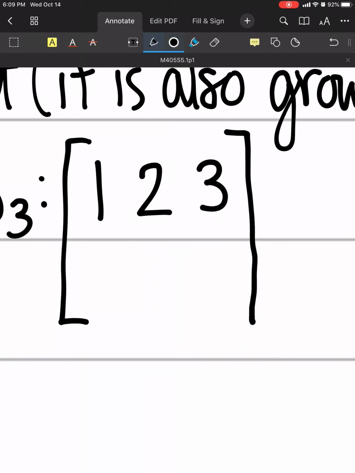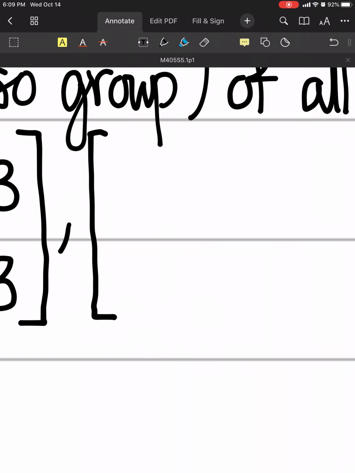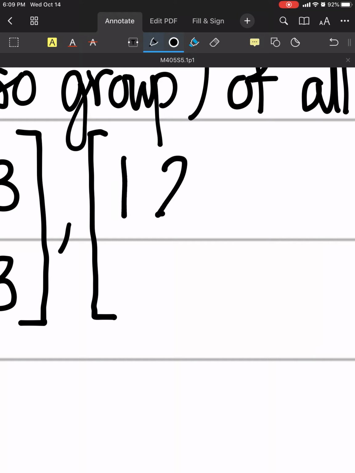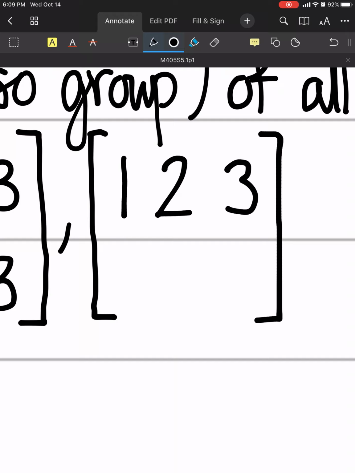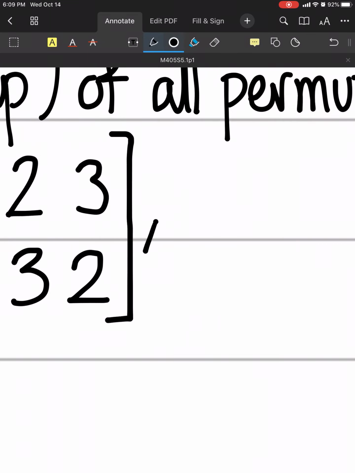The first one is just it maps to itself, and as you might expect, that will later on, when we get into this, turn out to be the identity. The next one, I'm going to leave 1 alone for now. And if I do that, the only other option I have there is to swap the 3 and the 2. And so those are the only ones that leave 1 alone.